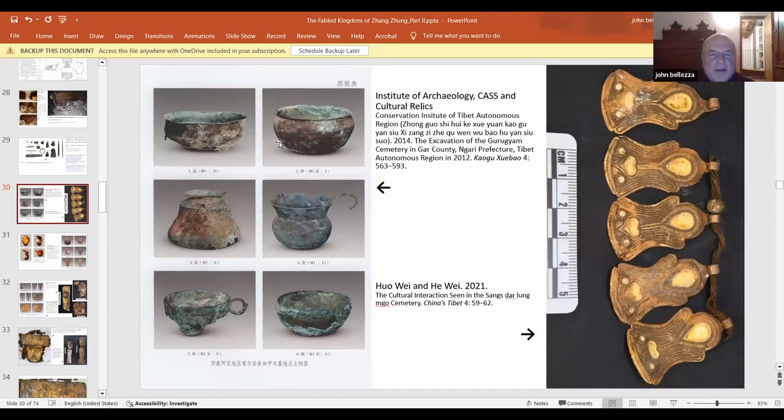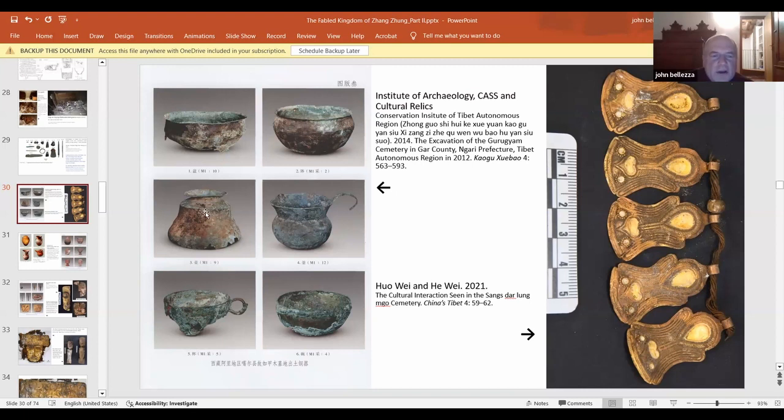These on the left are from Gurjam and believed to date to the second and third century, according to the archaeological reports. And these are copper alloy or probably bronze vessels. And there's a variety of types here. So we see these cauldron types.